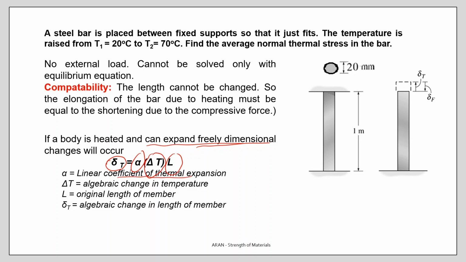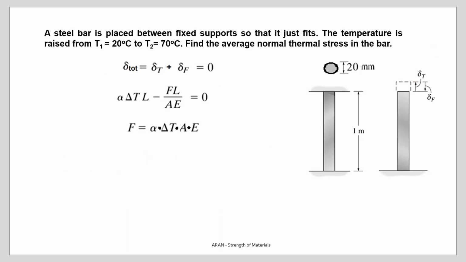This is when the bar can expand freely, but it cannot expand freely because there will be some compression forces, and these forces will cause a delta F, which will cause a shortening, and this delta F is F times length, over the cross section and E of the bar.